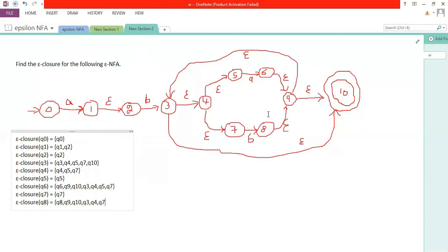So it is Q8, Q9, Q10. So going back, it's Q3, Q4, Q5, and Q7.